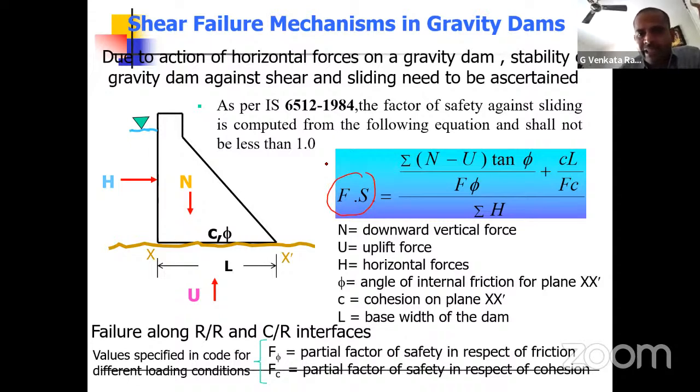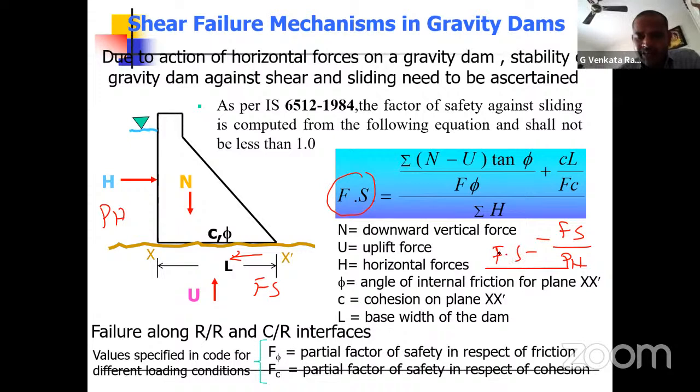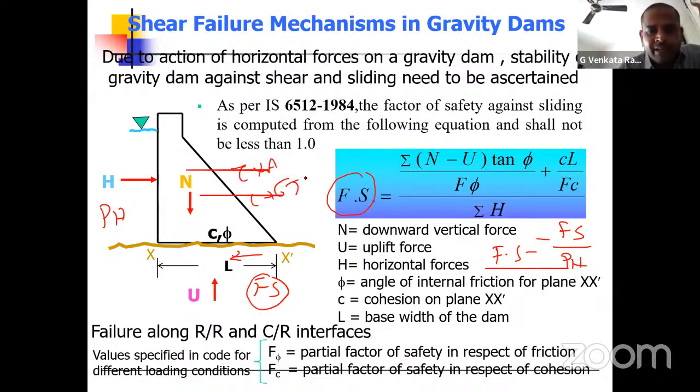Factor of safety means the resistance force Fs divided by the horizontal force, pH, it should be equal to the factor of safety. But how to calculate this? That is simple. Fs is nothing but tau into area. Tau is equal to C plus sigma tan phi.